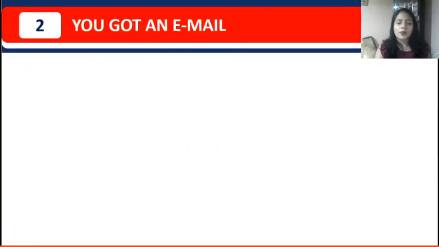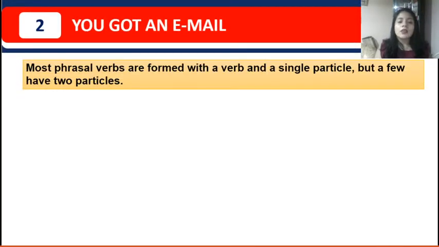So, listen, guys. It's common to see verbs that are formed with a verb and a word particle, right? These are the common ones. Yes, the phrasal verb with the main verb and one particle, but some of them have two particles, okay? So remember that.